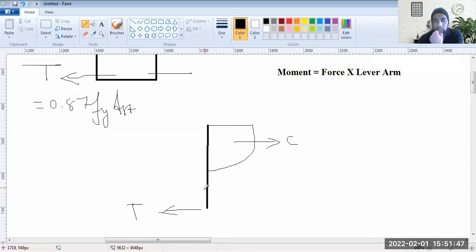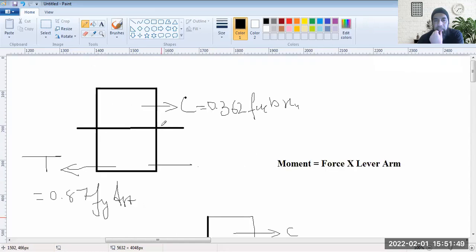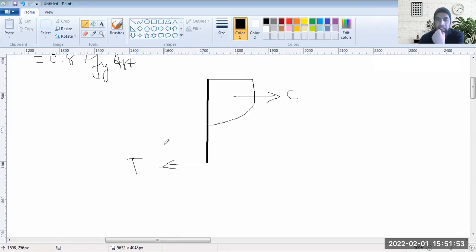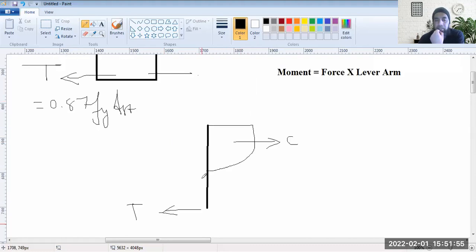This thick black line is the section, and this is the view of it like this. That's what this stress diagram is showing. So there is a lever arm Z. Z is your lever arm between the two forces.